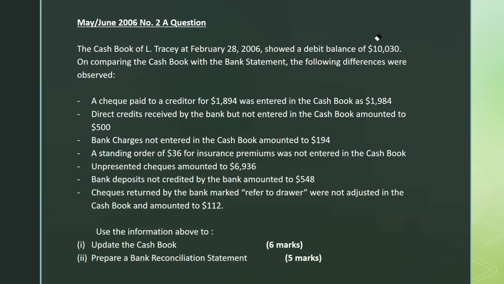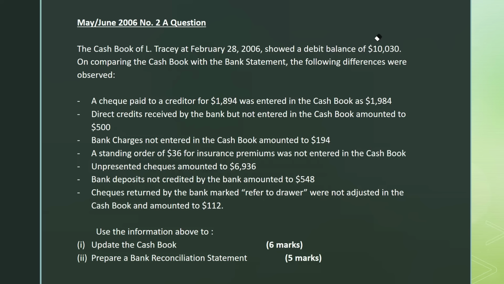The cash book for C. Tracy at the 30th of February showed a debit balance of 10,030. On comparing the cash book and the bank statement, the following differences were discovered. So they highlight the differences first. A check paid to a creditor for 1894 was entered in the cash book as 1984.